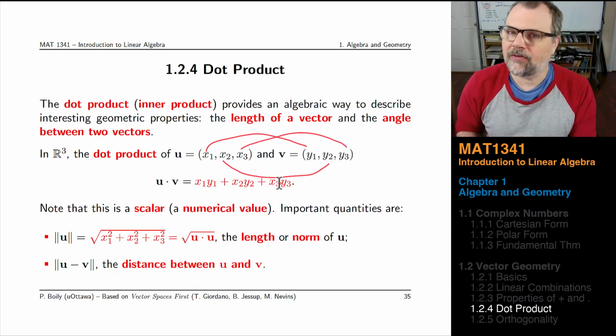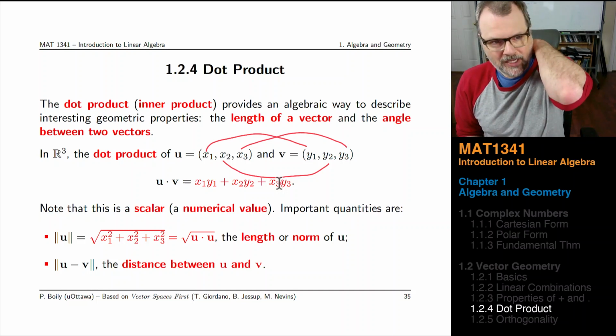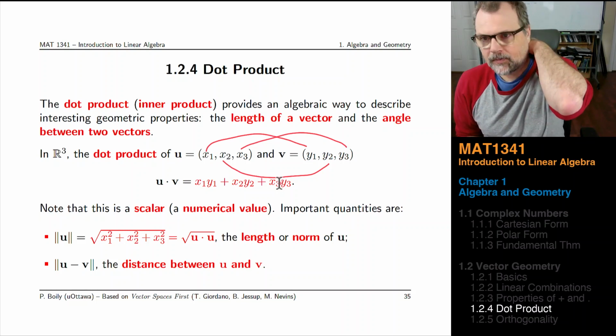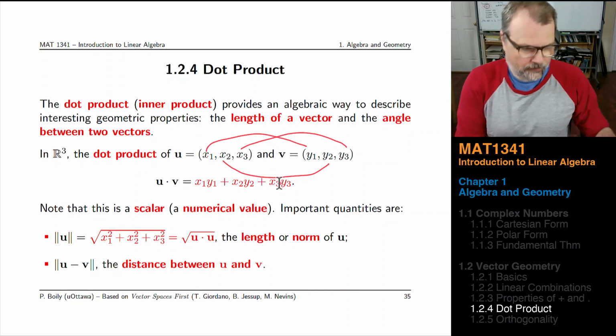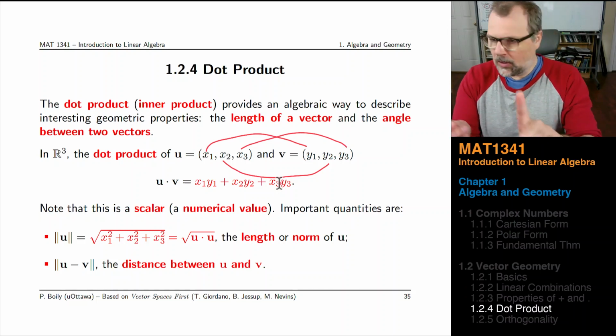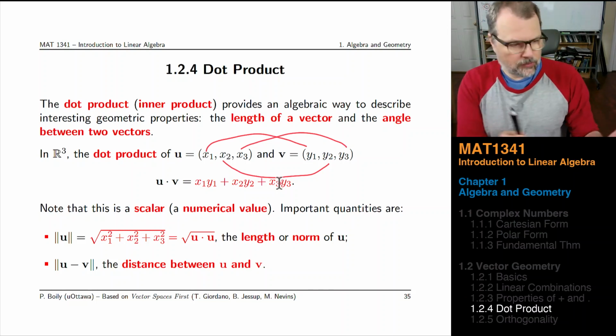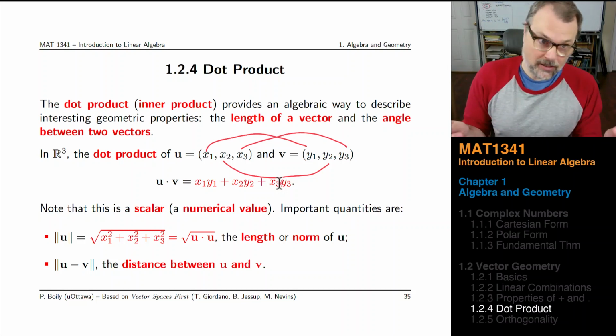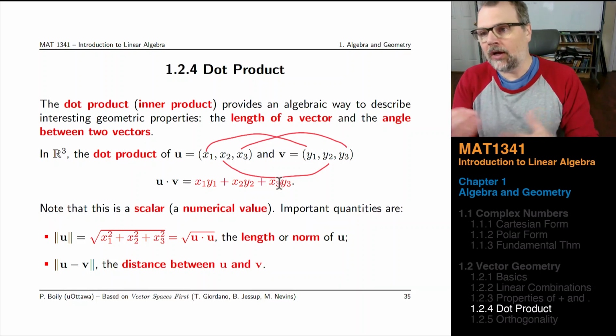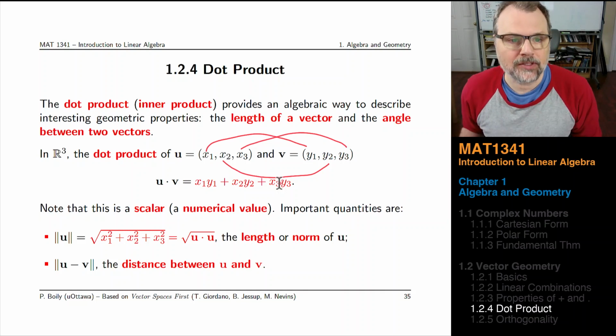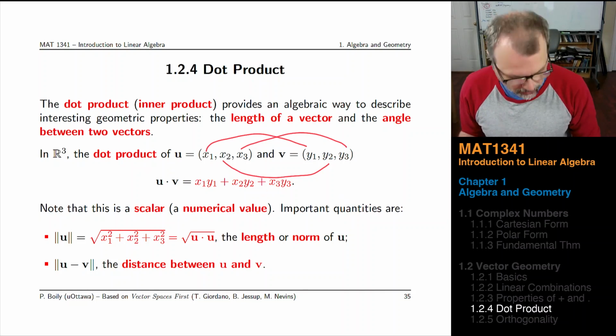That's also the definition when you're in n space rather than 3 space. You look at all the corresponding coordinates, multiply them together, and you'll have n products. Then you add these n products together to get the inner product, the dot product.